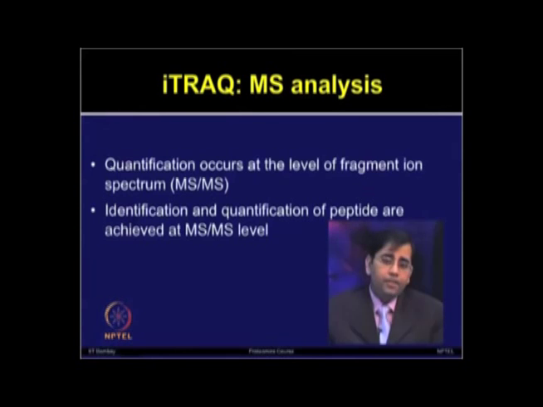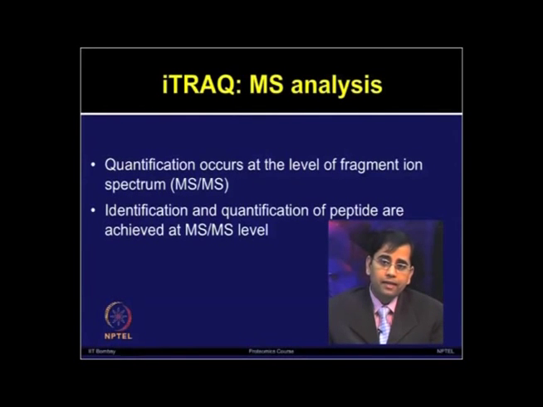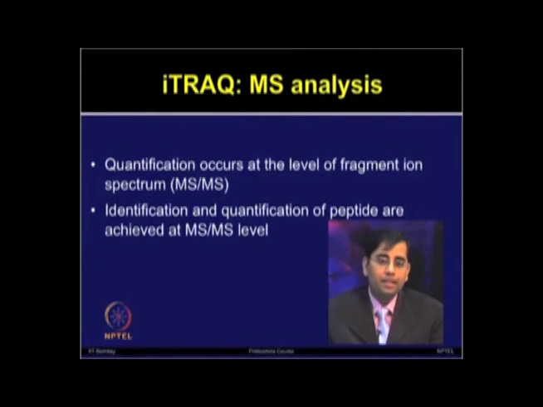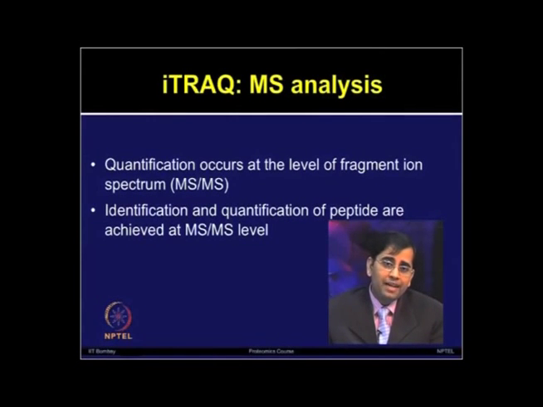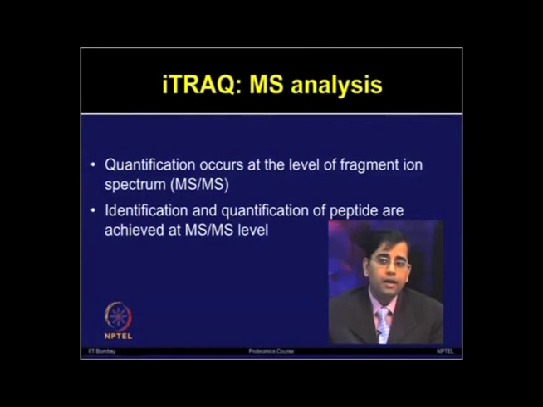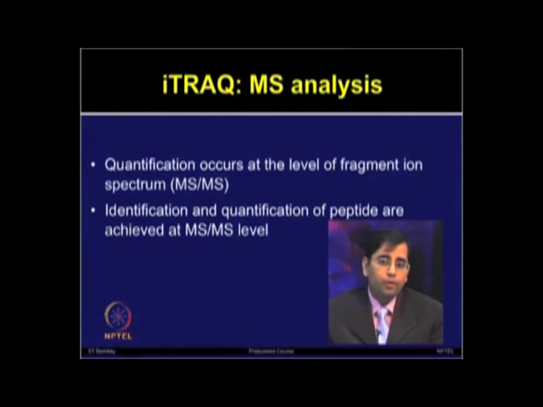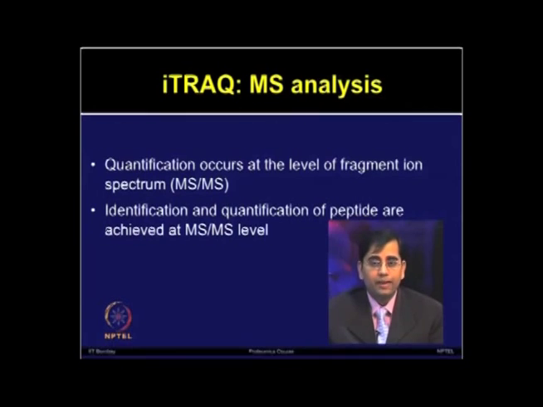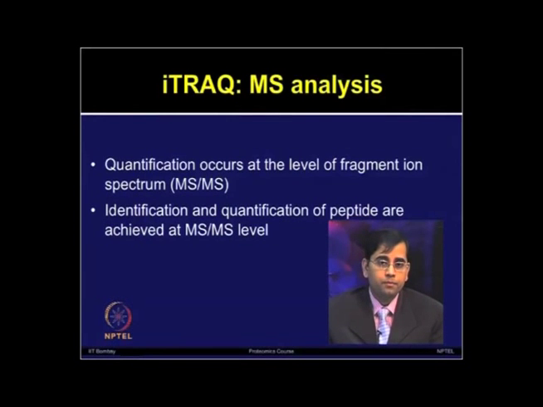So, in iTRAQ, the quantitation occurs at the level of fragment ion spectrum at the MS-MS level. The peptides with the identical sequence, but derivatized with different isobaric reagents, are indistinguishable in the MS spectra alone. That is why only during the MS-MS phase can the quantitation happen.